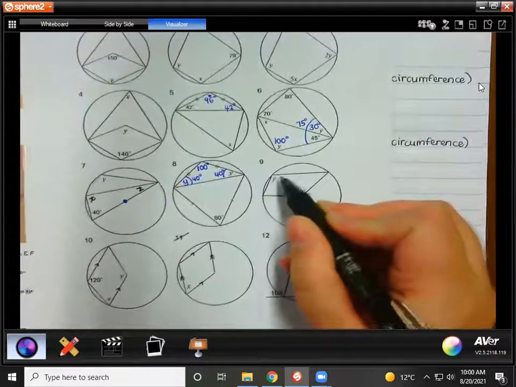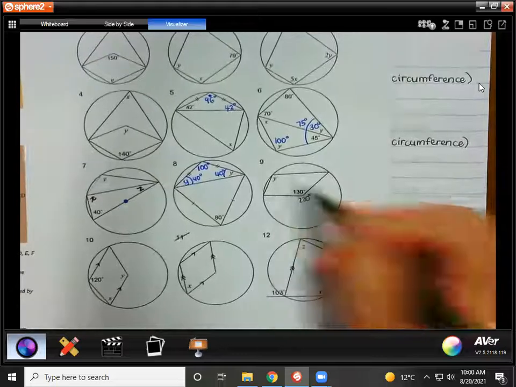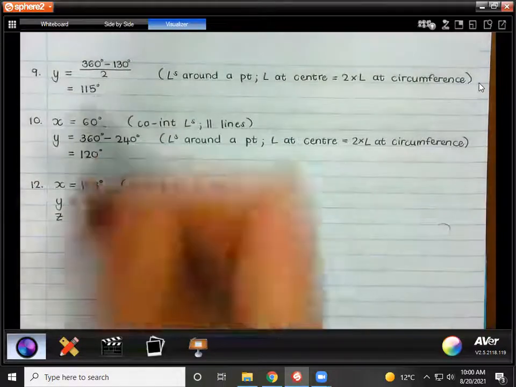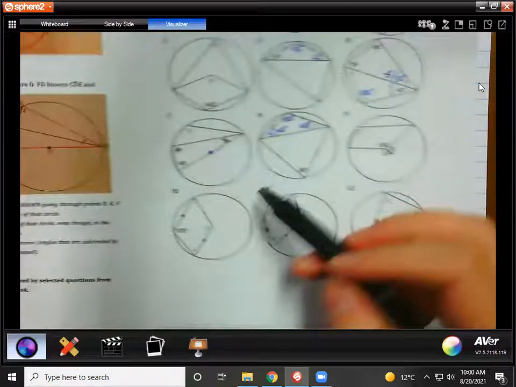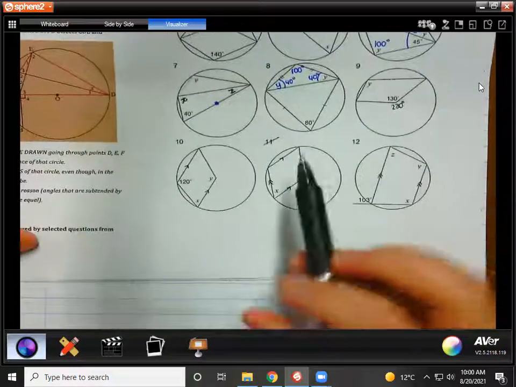So that one is going to be half of that, 115. You see what I did in my calculation? I said 360 minus 130, that gives me that angle. And then you divide it by 2 because of angle at center.